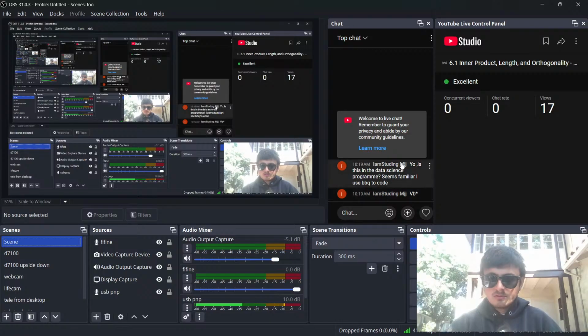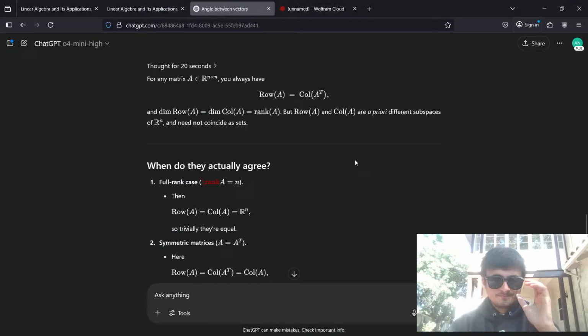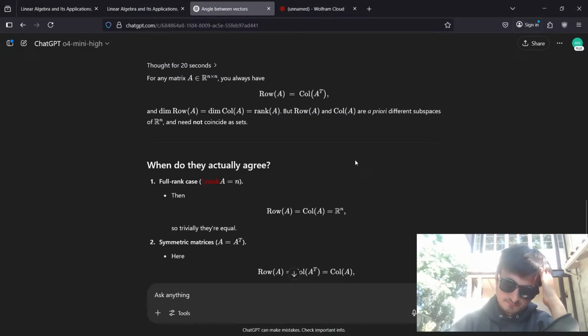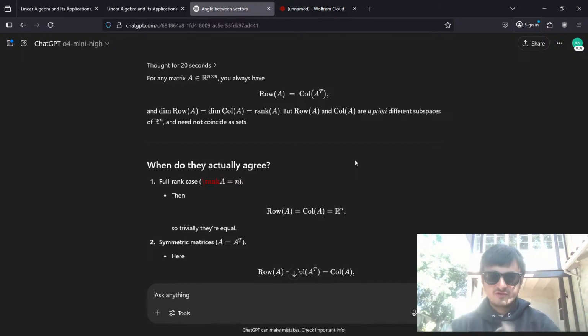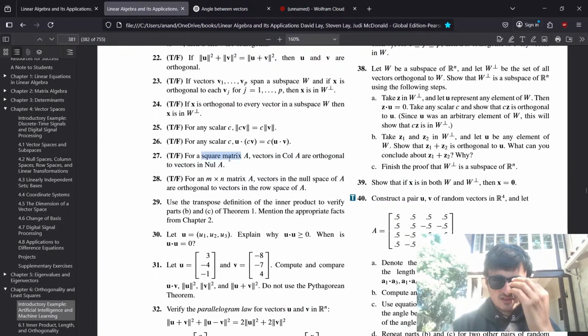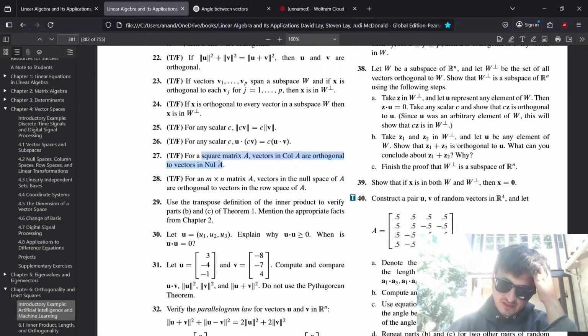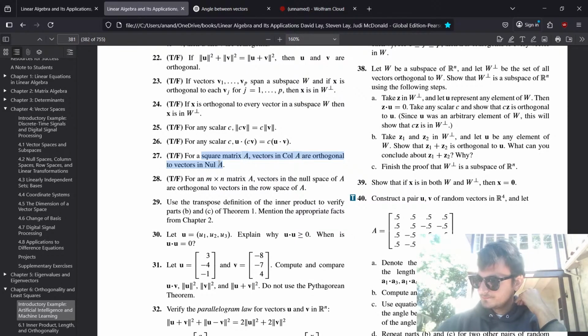No. Yeah, they're different subspaces. That's what I thought. So then I'm going to say that this is false. Vectors in the column space of A are not orthogonal.